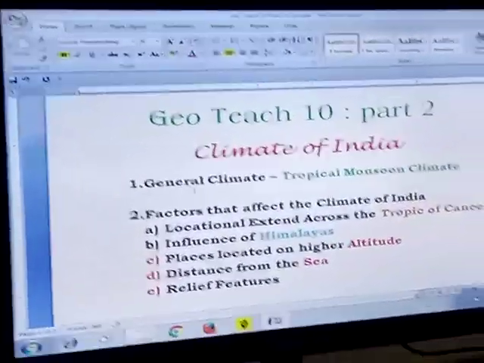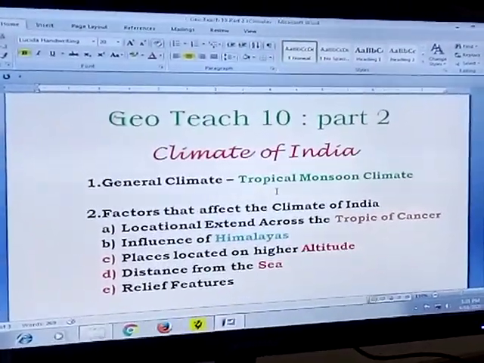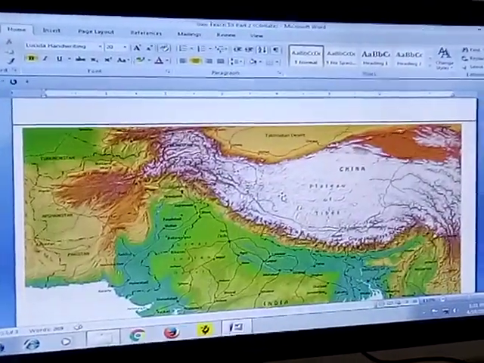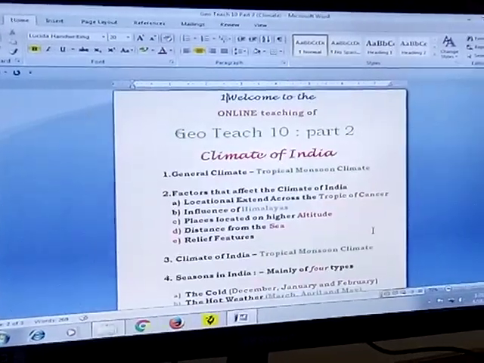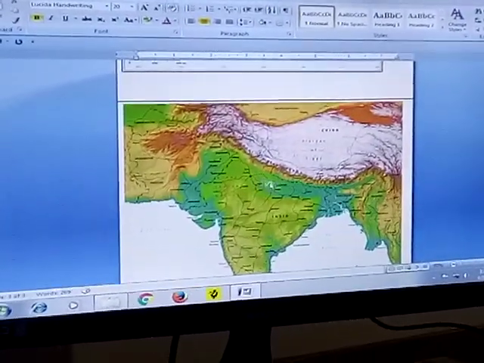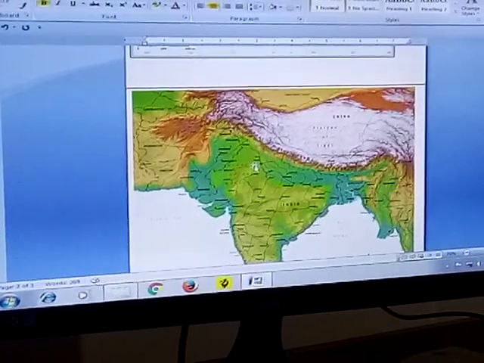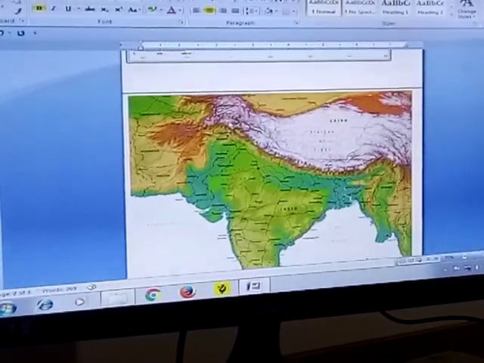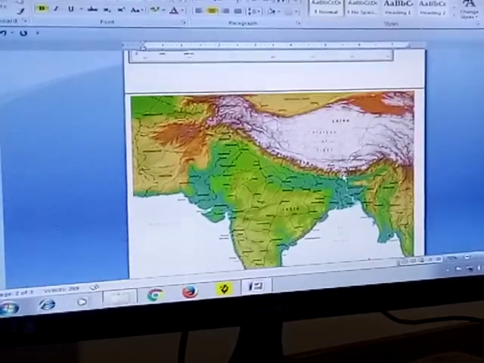The climate of India. You see, this is our India. Now, the physical terrain of India is so different. This is the Himalayan region, so at this foothill the temperature is quite low.